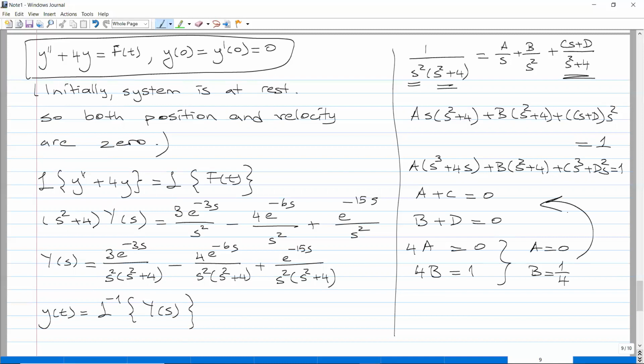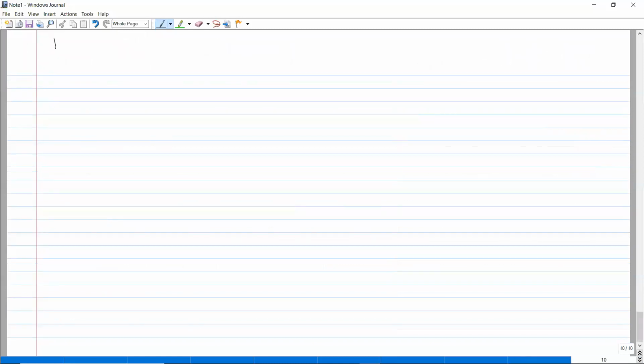And we use it in the first two, we get C equals 0 and D equals minus 1 over 4. So the result: 1 over s squared times s squared plus 4 is 1 over 4 times 1 over s squared minus 1 over s squared plus 4. And you can easily check that this is correct.